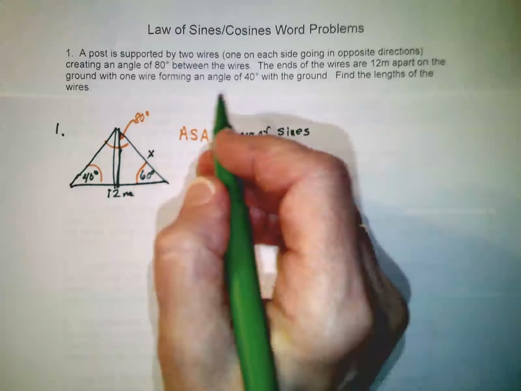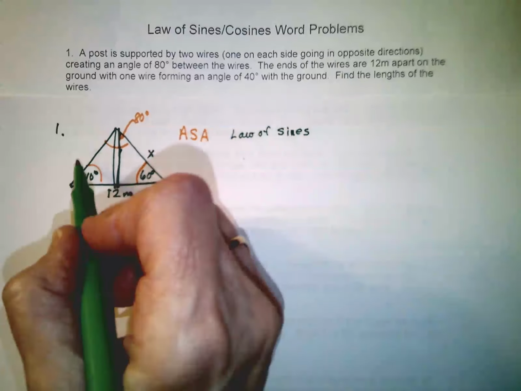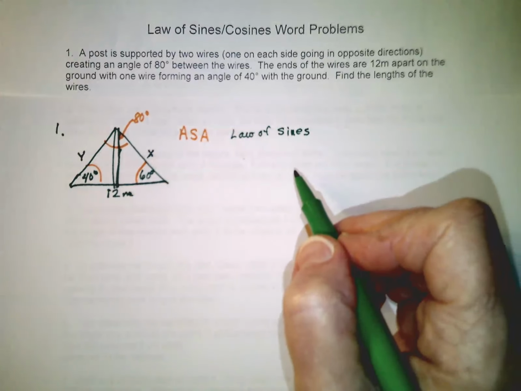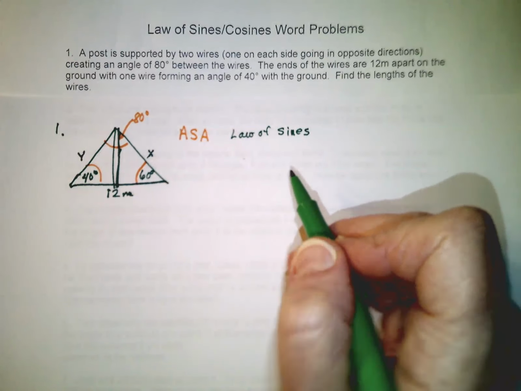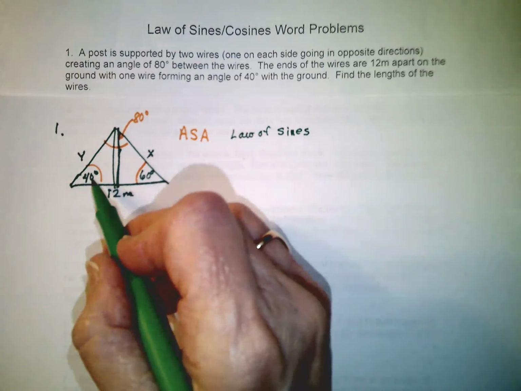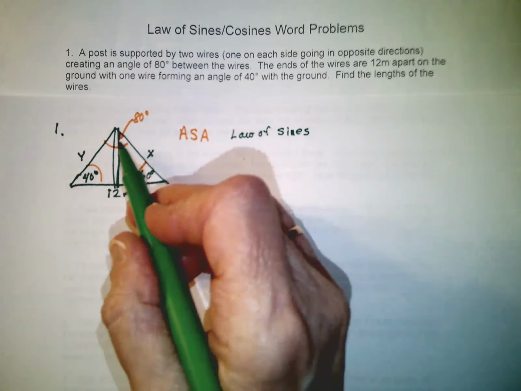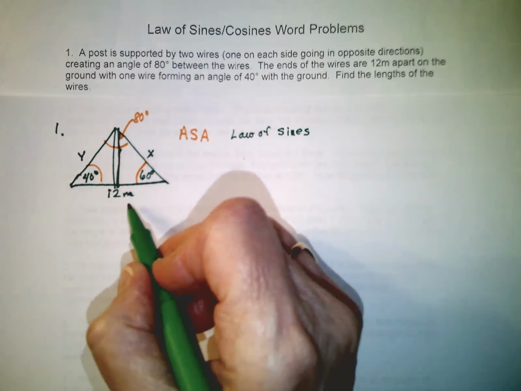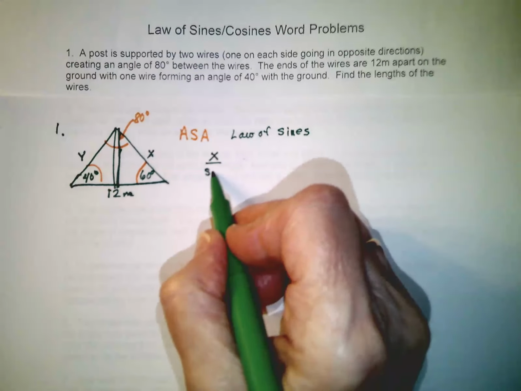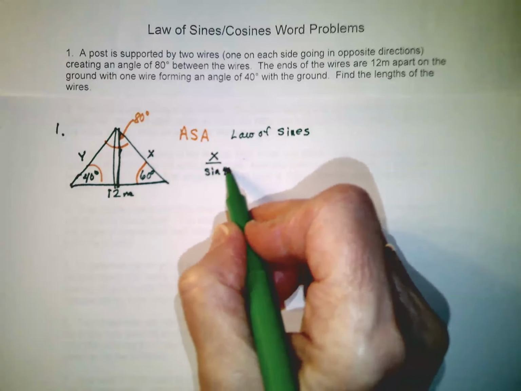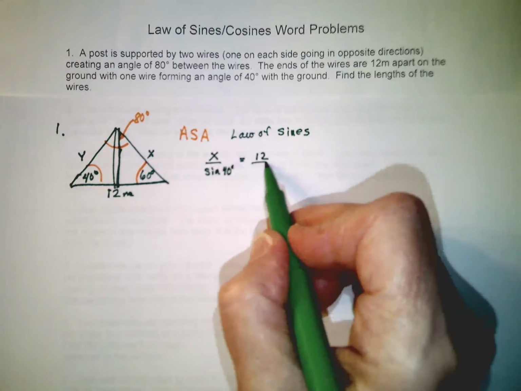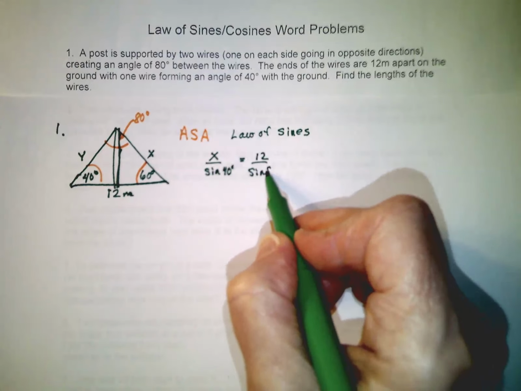So I'm just going to call the one across from the 40-degree angle X, the one across from the 60-degree angle Y. So to find the length of X, we know its opposite angle. In the same triangle, we have an angle, and we know its opposite side. So we could say that X over the sine of 40 degrees is going to have to equal 12 over the sine of 80 degrees.